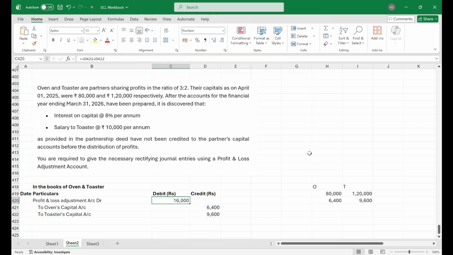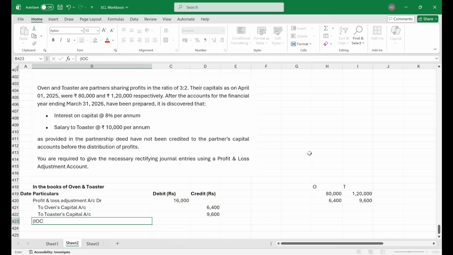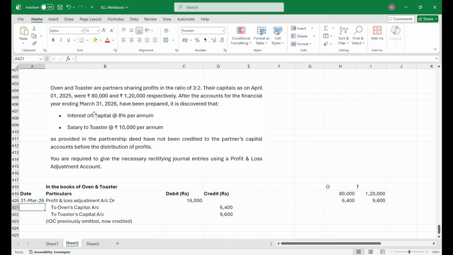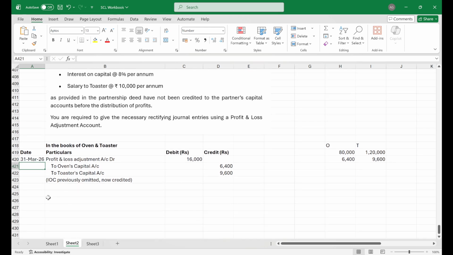So totally the debit to P&L adjustment will be 16,000. Interest on capital previously omitted, now credited to partners. They haven't given a date, so you fill the date. I think it should be 31st March 2026. Okay, so that's the first journal entry.